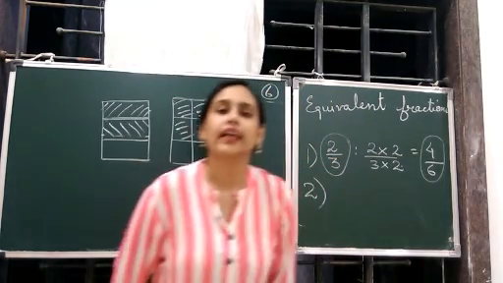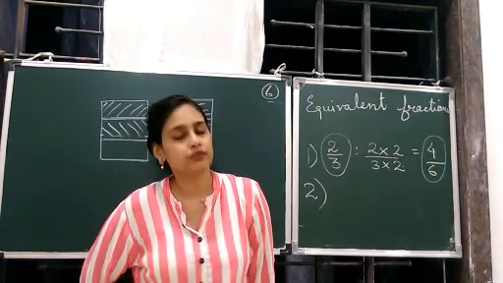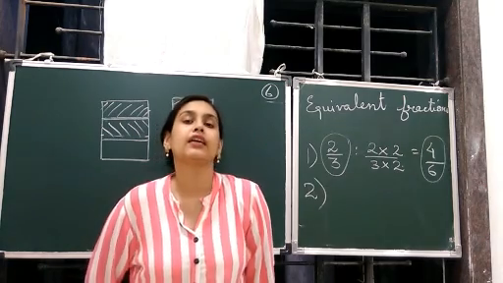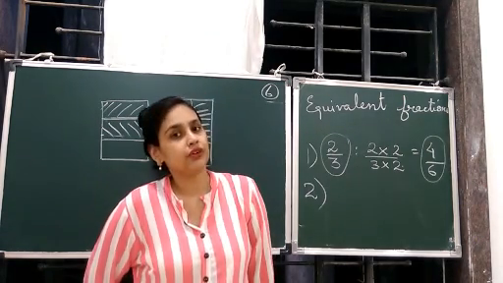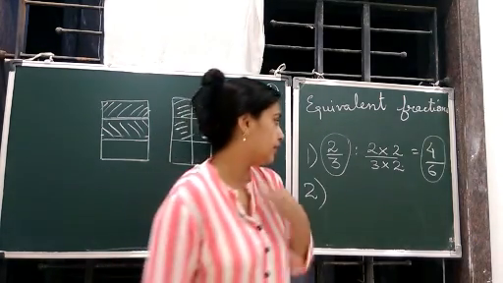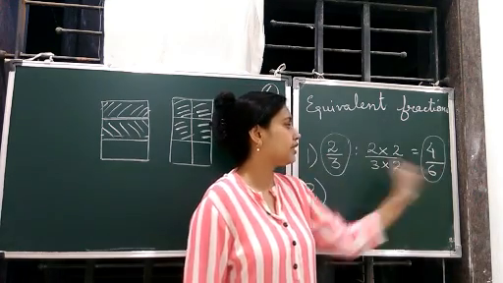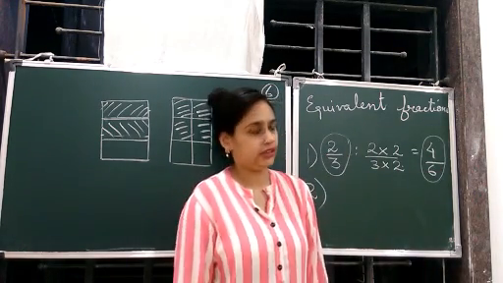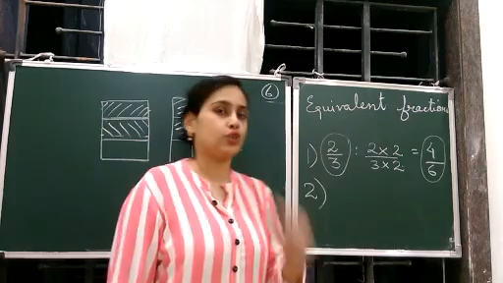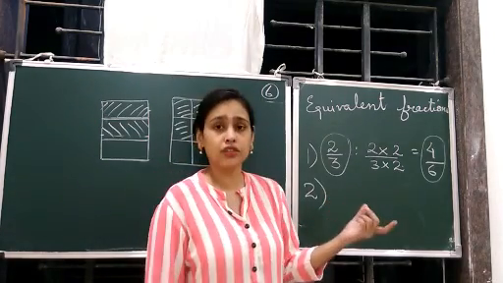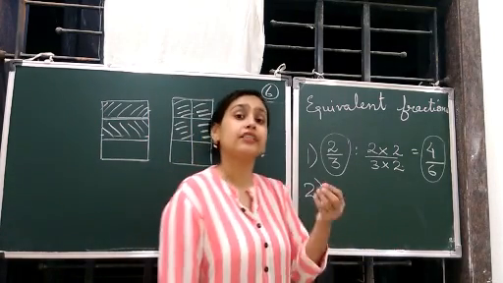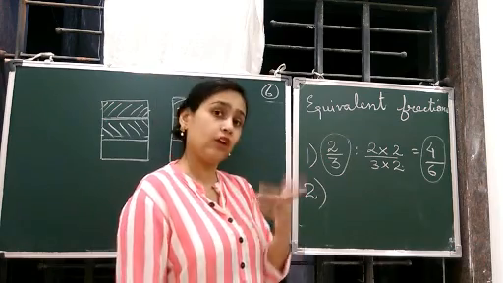So how do you get an equivalent fraction? You get an equivalent fraction by multiplying the same number to the numerator and to the denominator. So 2/3 and 4/6 are equivalent fractions. The first part also: equivalent fractions are obtained by dividing. By multiplying we have done, now by dividing also.